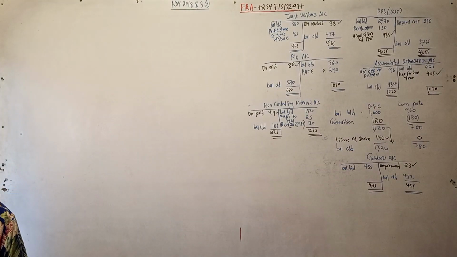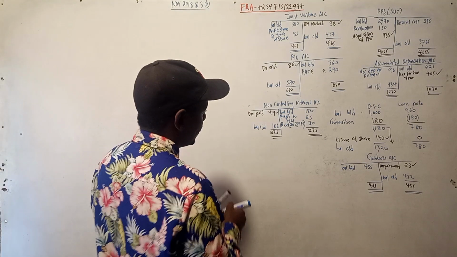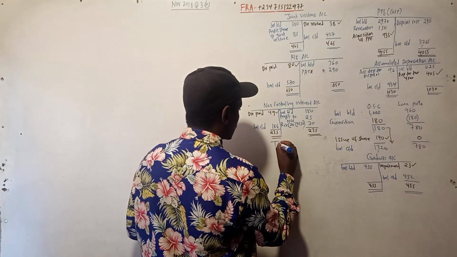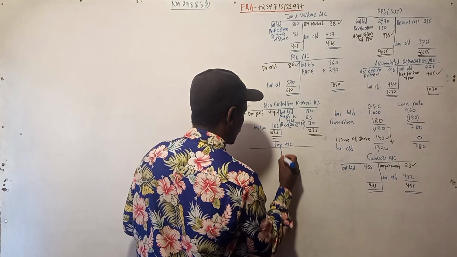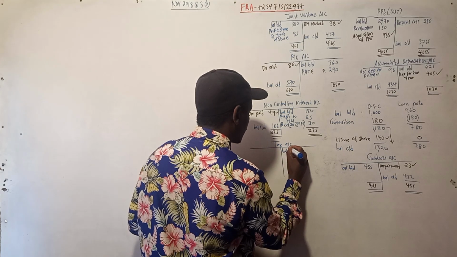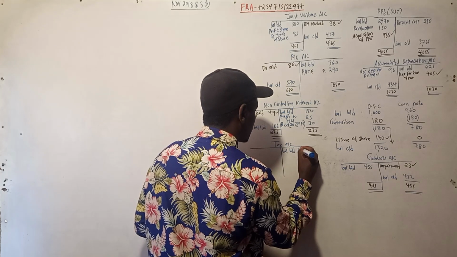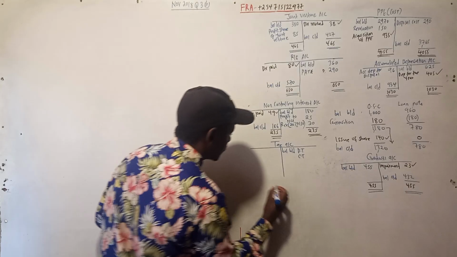Now, we need to prepare the tax expense account. So the tax account. Balance brought down. We can have deferred tax and current tax.